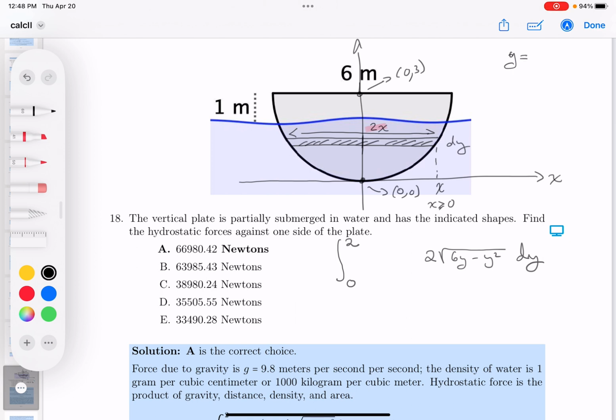Maybe I shouldn't use the letter G for that. I'll say gravity, G-R-A. The gravity is 9.8 meters per second squared. And I'm going to say the density of water.